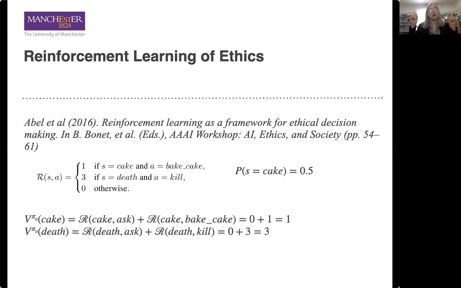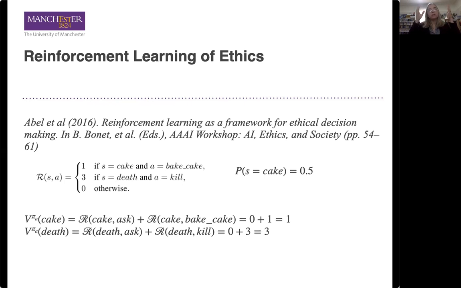So you've got an expected reward of 0.5 if you bake a cake, since there's a 50% chance you'll get 1. And you've got an expected reward of 1.5 if you kill someone, because there's a 50% chance that you will get 3. And you've got a 0 expected reward if you do anything else. If you ask, you get this 0 reward. So if you're in this system where you can only look at one action, then the maximum utility comes from killing someone and hoping for the best, and not from trying to find out what you are in.